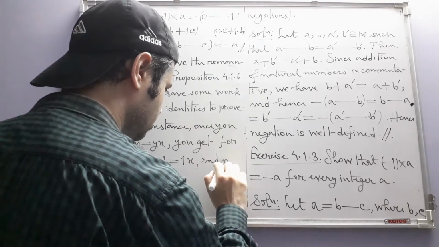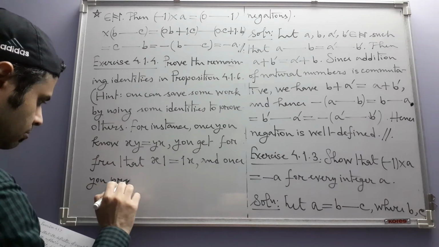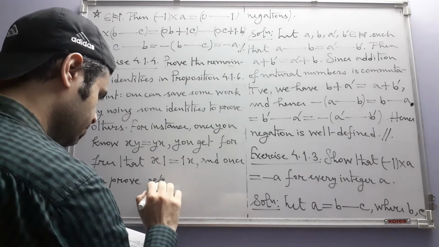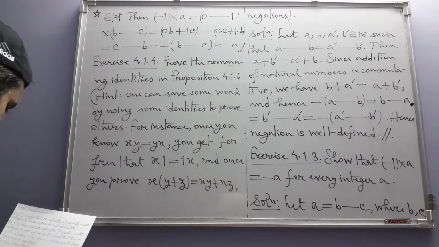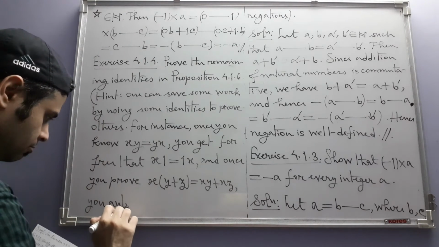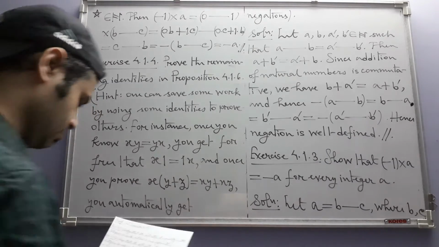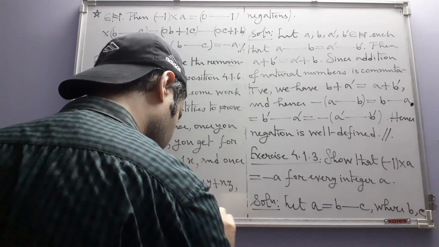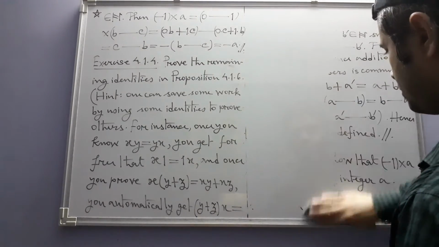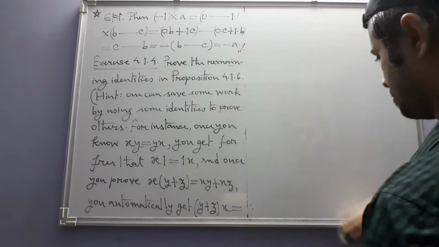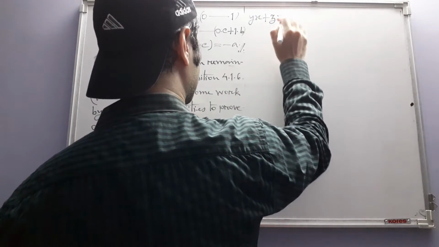And once you prove the left distributive law, x times y plus z is equal to xy plus xz, you automatically get this is equal to yx plus zx.